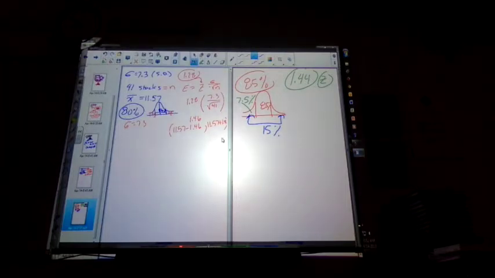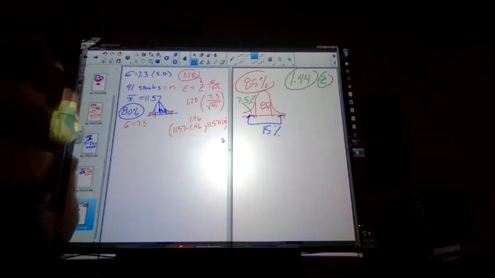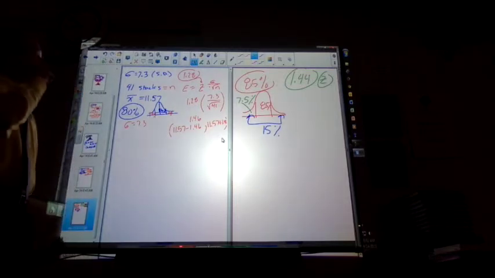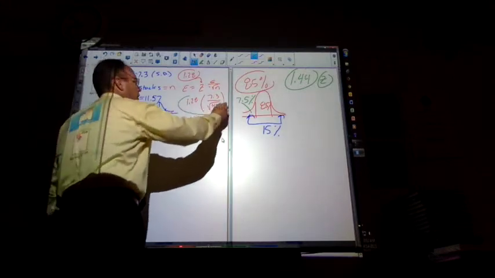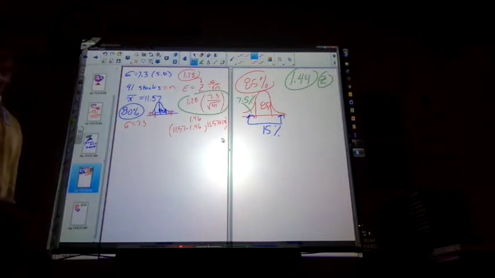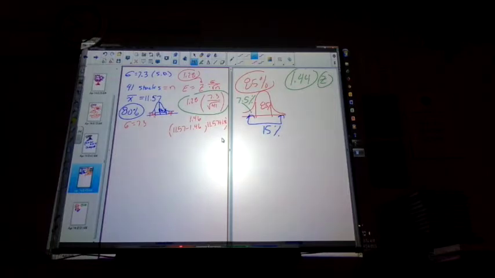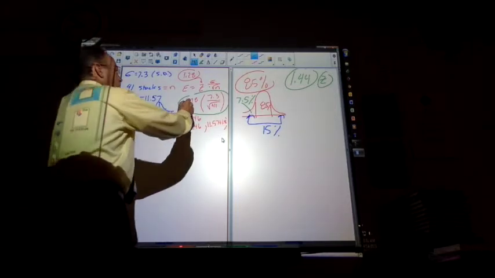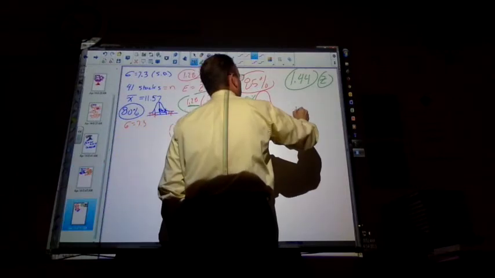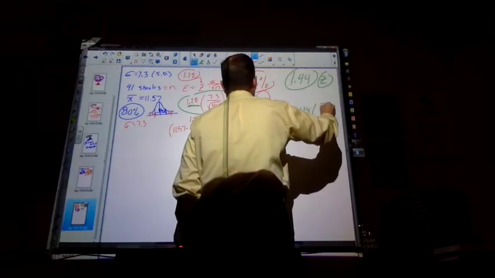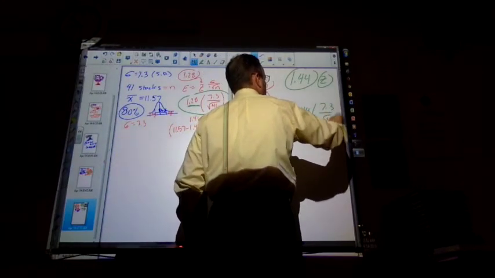So what's changing up here? What changed on this problem? What part of this problem is going to change? What am I replacing 1.28 with? 1.44. So here, I'm going to plug in 1.44 times 7.3 over the root 41.